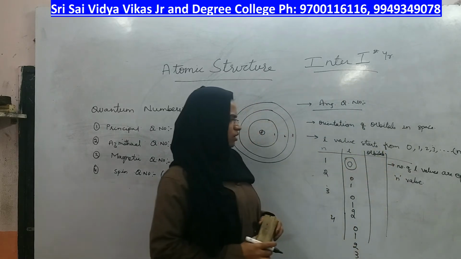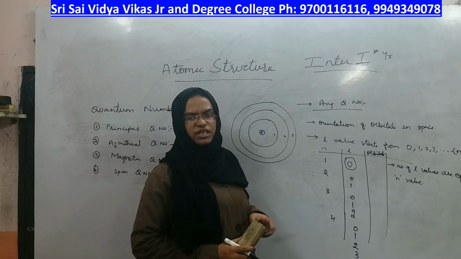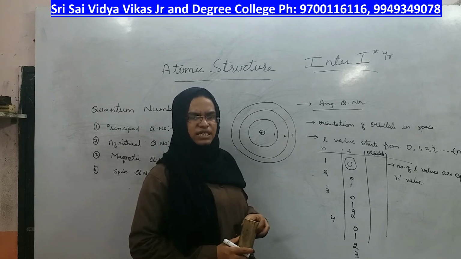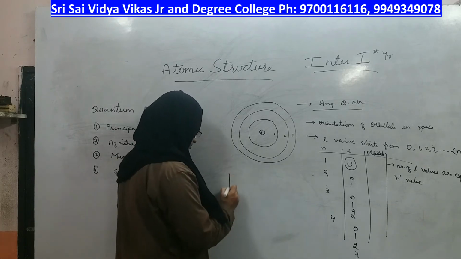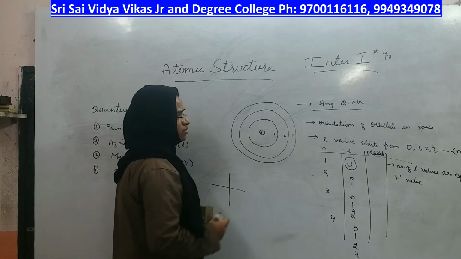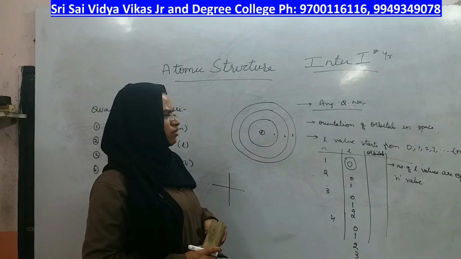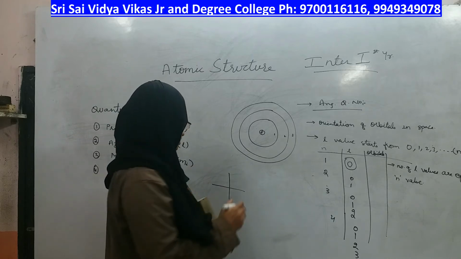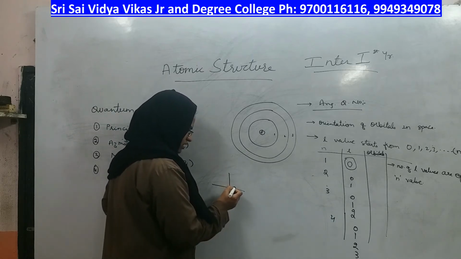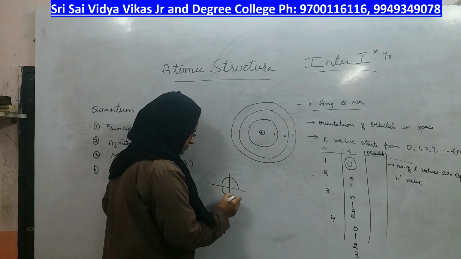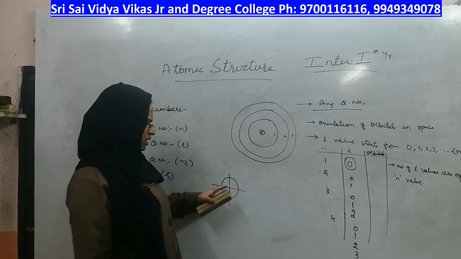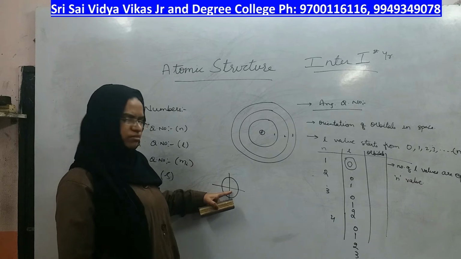Now always remember, if the L value is 0, we already wrote that the angular momentum quantum number decides the spatial orientation of the orbitals, in which direction they are oriented. This is the s orbital.